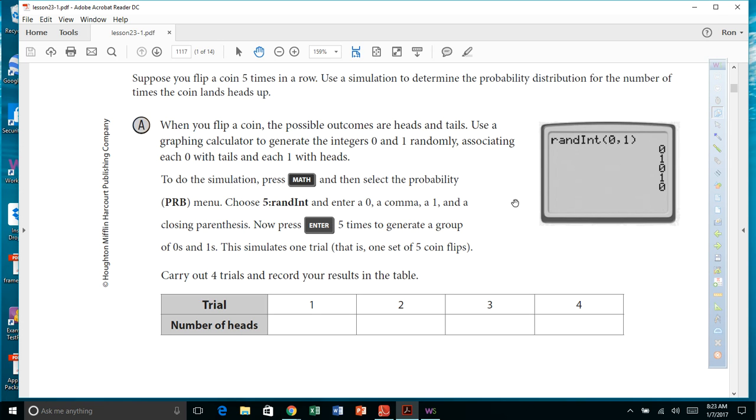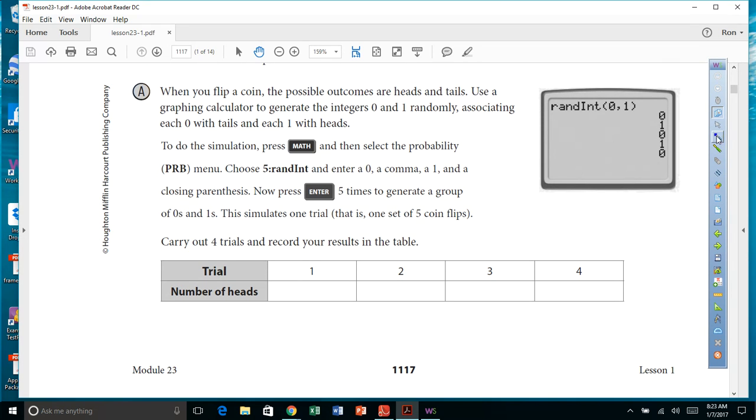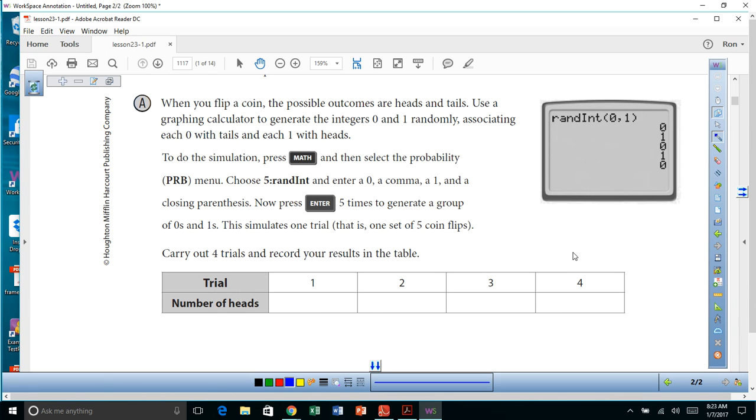Okay. Remember, there are 2 sides to the coin, and if it's a typical coin, there's a 50% chance that it would be tails and a 50% chance that it would be heads.